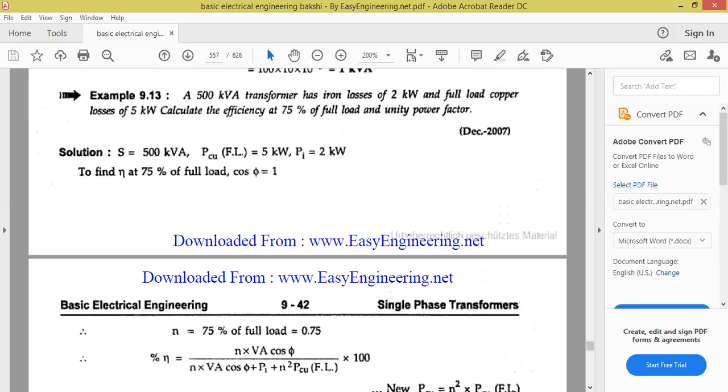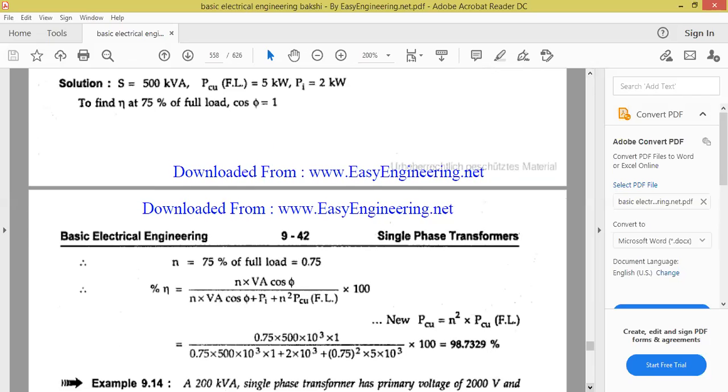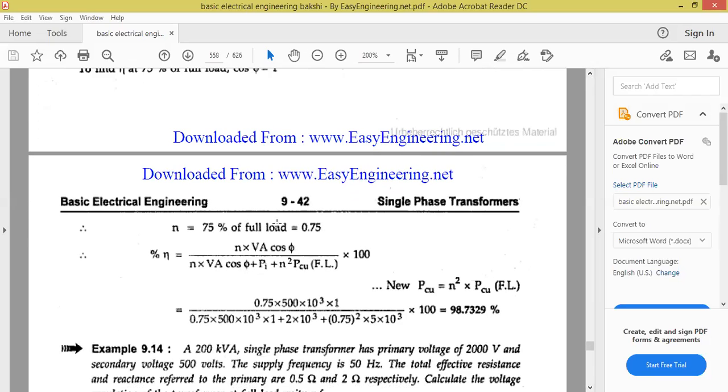So directly, the efficiency at any load formula is what you have to remember. N into VA rating by N into VA rating plus iron loss plus N square into copper losses. You can write here copper loss at any load. So you can directly substitute here. We know copper loss at new load equals N square into copper loss at full load.